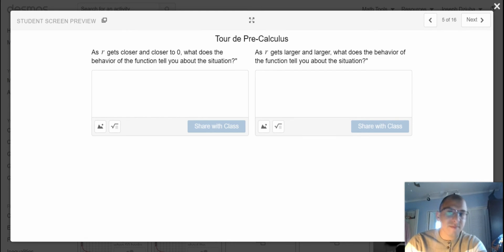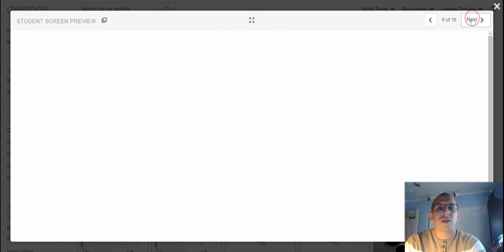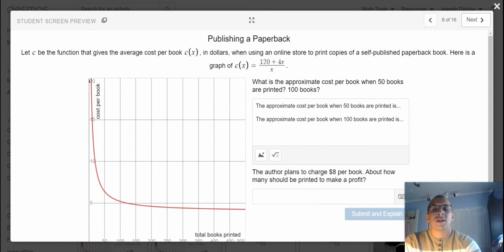So please go back and reference your graph to assist you with those two questions. But if your graph in the previous activity does not resemble a graph of this type of shape, I would definitely go back and revise your thinking.